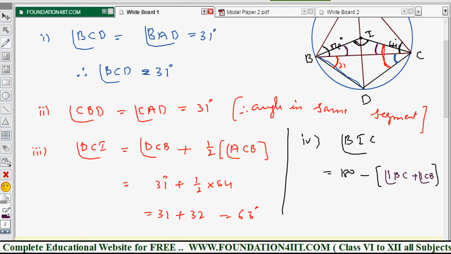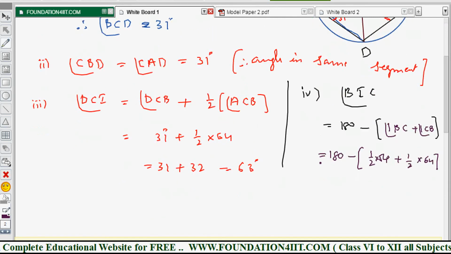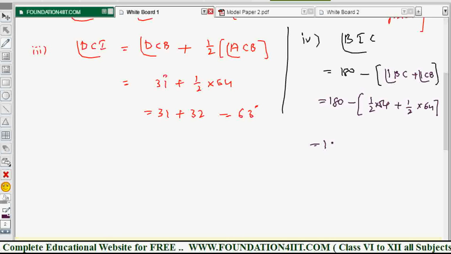They are nothing but half of the 54 and half of the 64, because the angles are exactly bisected. So 180 minus half of 54, which is 27, and half of 64, which is 32. So 180 minus 27 minus 32 is 121. That is 121 degrees, angle BIC, right?